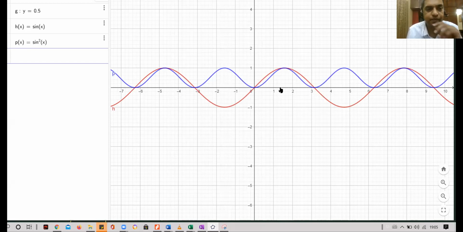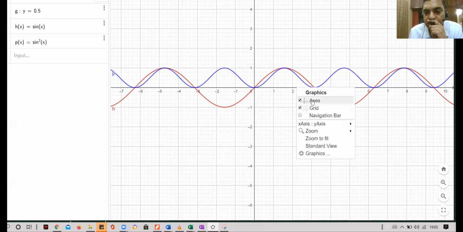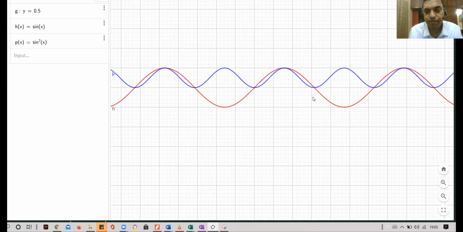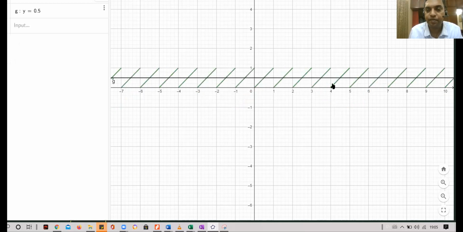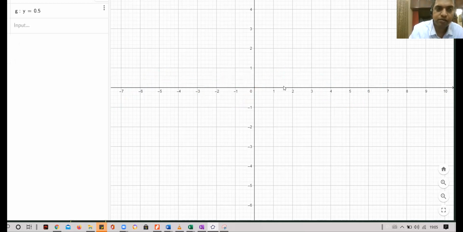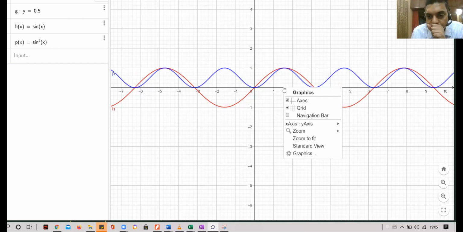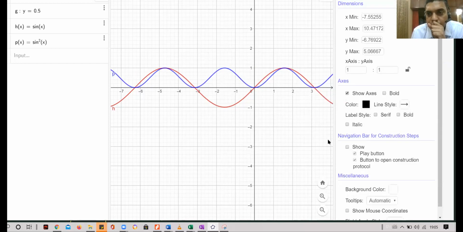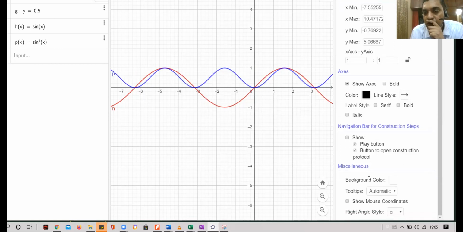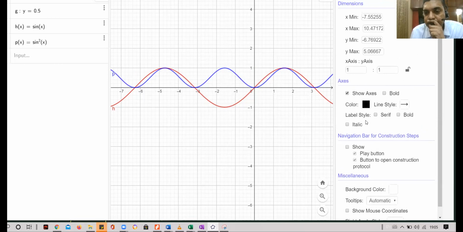There's a way to set the axis. Control Z. Okay.